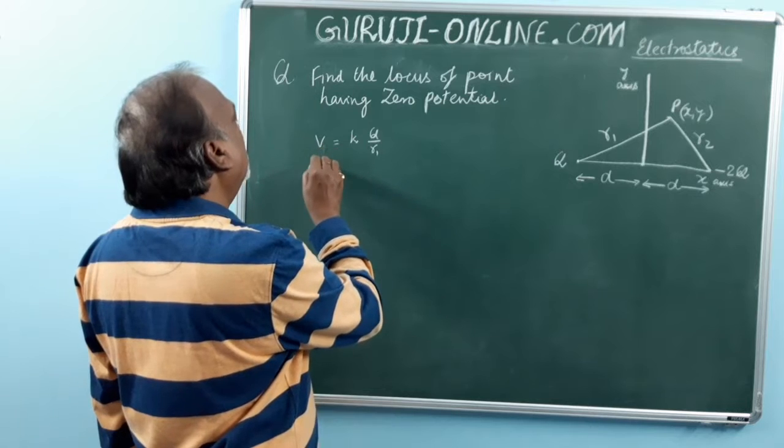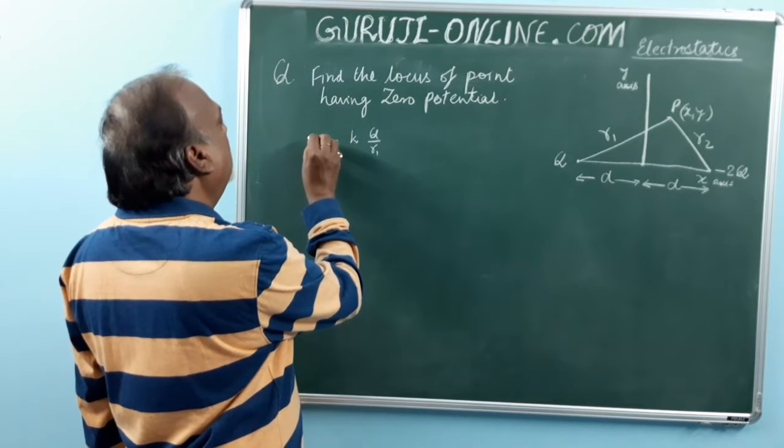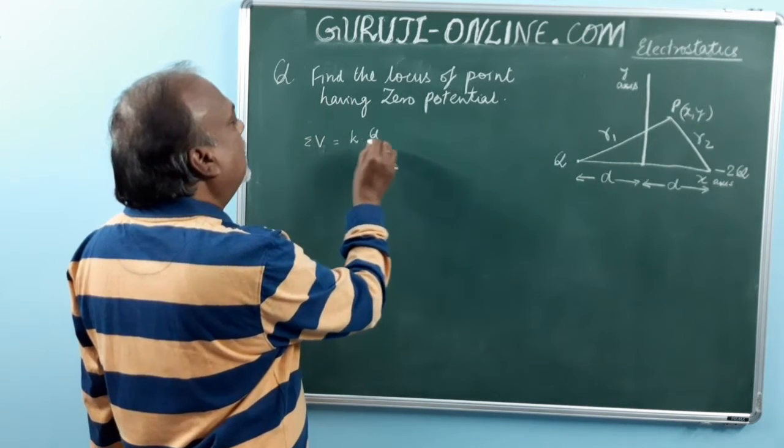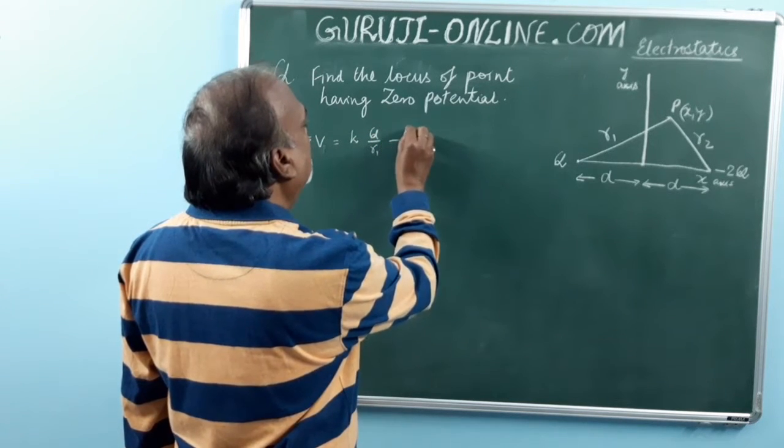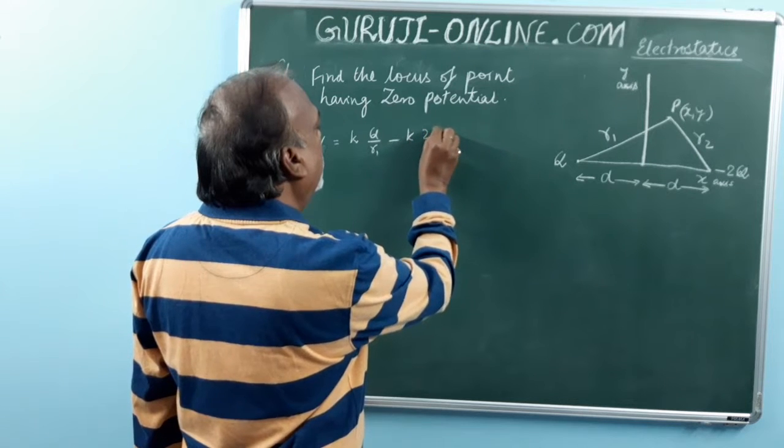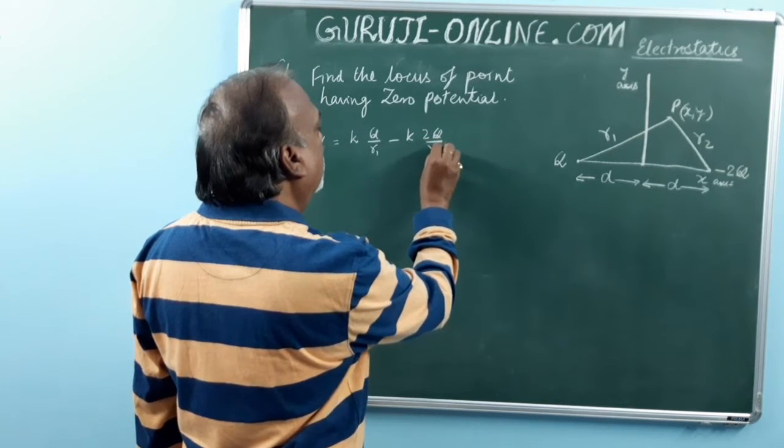Or we can write what will be the total potential. This is KQ by R1 minus K2Q by R2, correct?